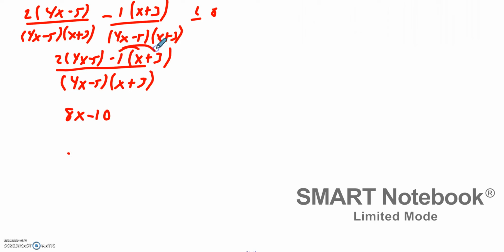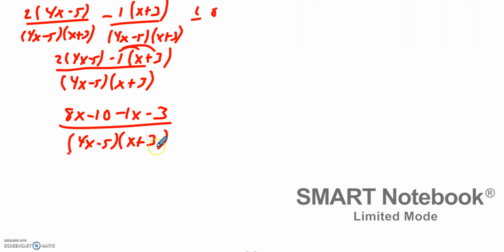Make sure to distribute the negative: minus 1x minus 3, over 4x minus 5 and x plus 3. I don't know if anyone's wondering why I am not multiplying out the denominator. The reason is I can see the critical numbers from here, so why multiply and have to redo it later?